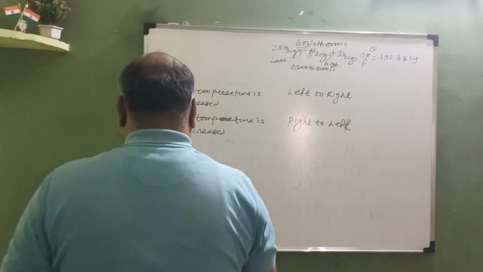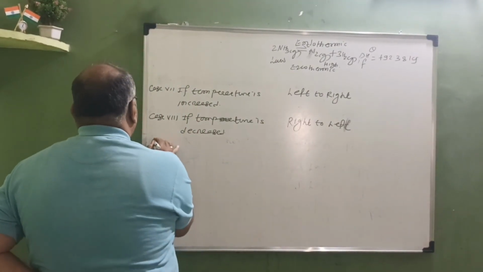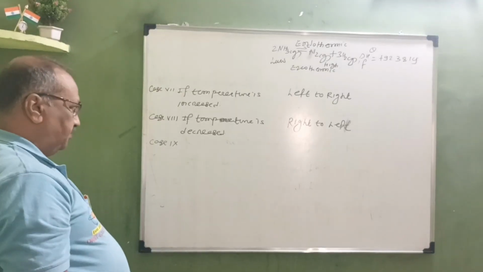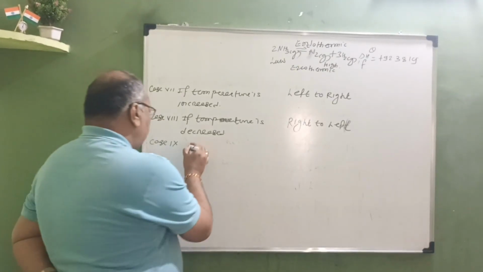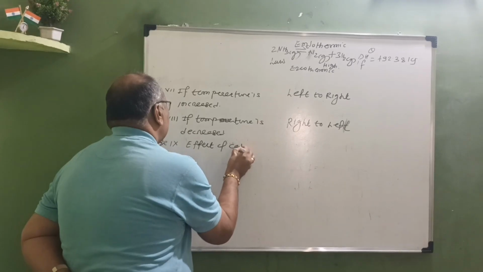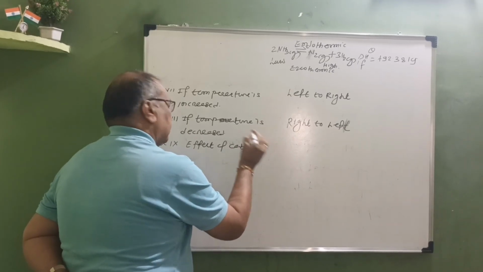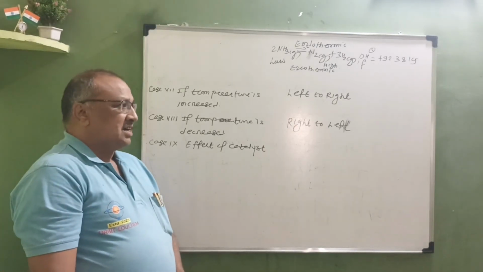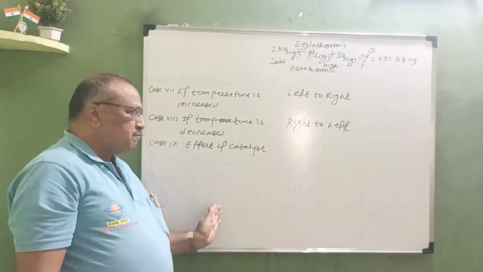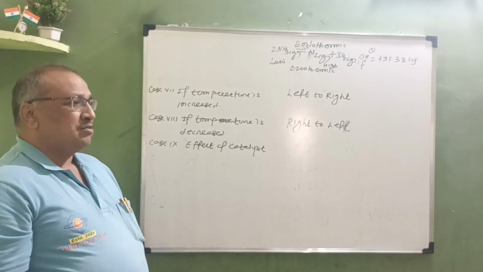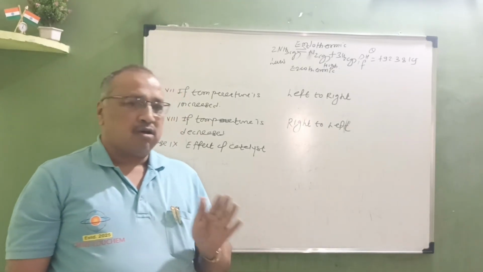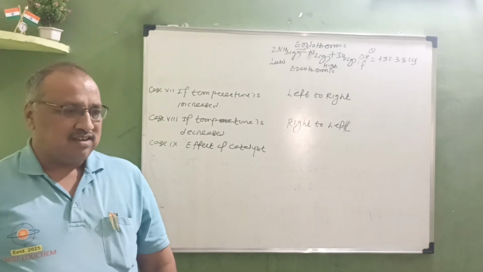Then next, case 9. Now here effect of catalyst. Now catalyst does not shift the equilibrium from left to right or right to left. This is because that catalyst affects the rate of forward reaction as well as backward reaction equally.